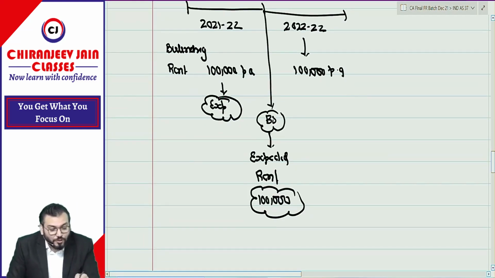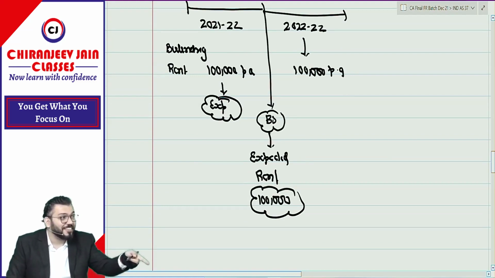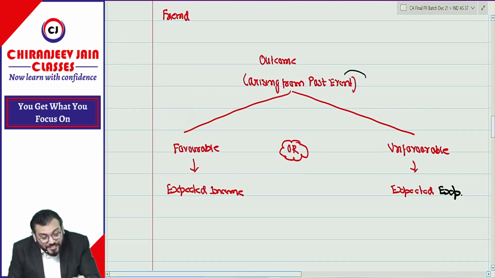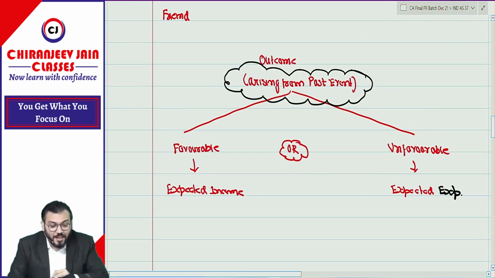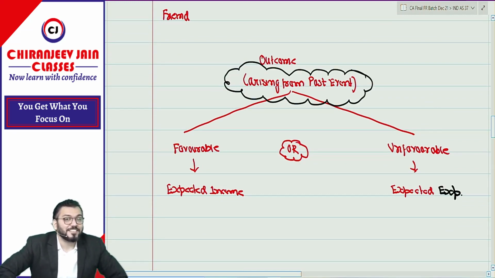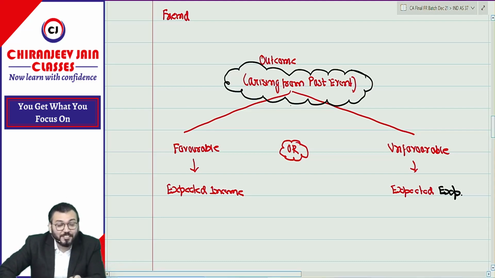Can I say this is also an expected expense, but it is due to a future event. And we are thinking about expected expenses arising from what? Everything is written, but you are not applying. I have already said, arising from a past event.